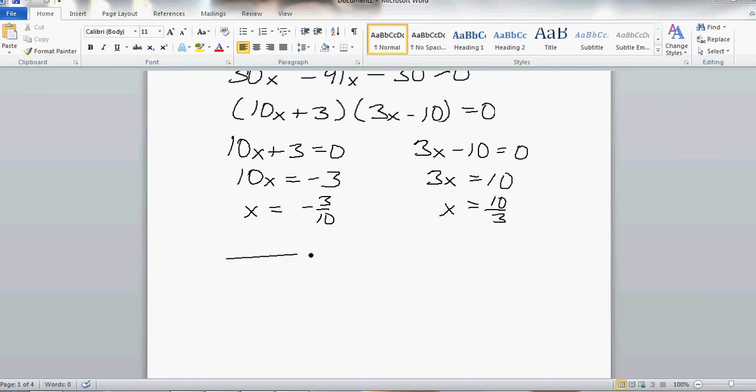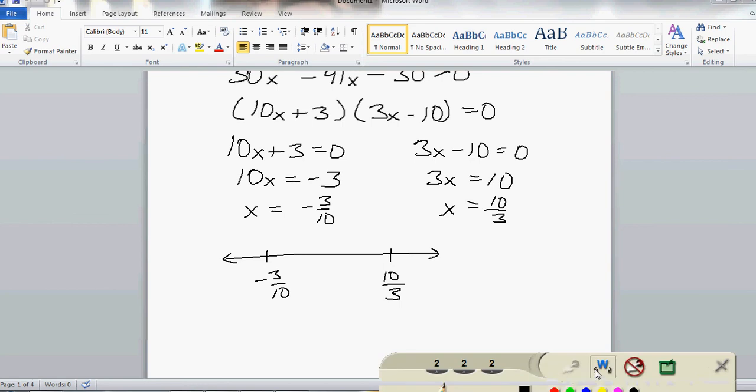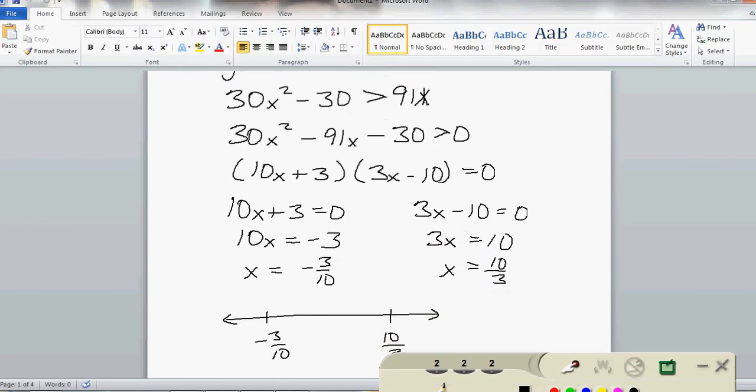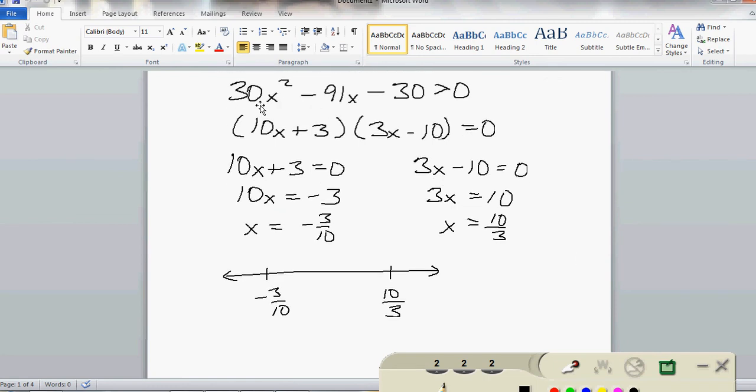That's where something important happens, so we put these onto our number line. We've got negative 3/10 there and 10/3 here. Let's pick a number down here, negative 1, and plug it into this statement right up here.